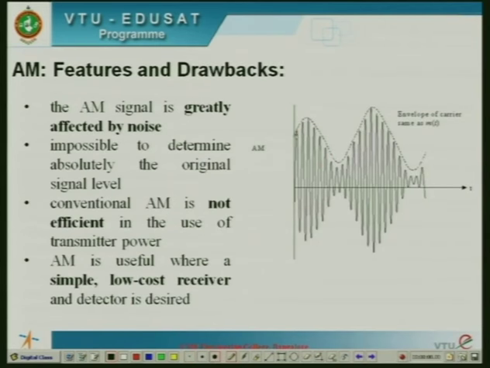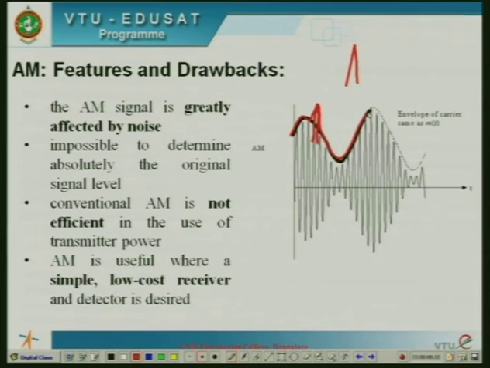Let me first repeat it. This is the peak of your AM signal. But because of the noise available, and that noise has a frequency exactly matching the carrier signal, the noise will get added here, and the envelope of your AM signal will now be this.